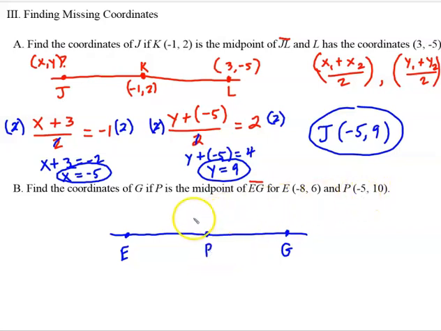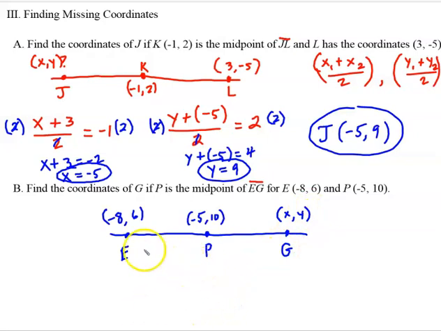And we're told the coordinates of the midpoint. We're also told the coordinates for E. And we're supposed to find the coordinates for G.